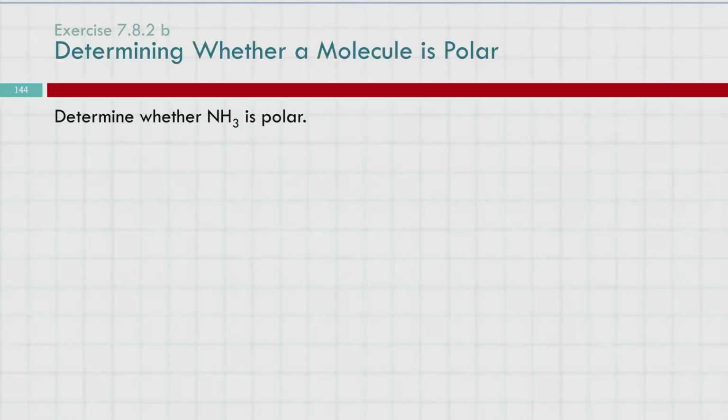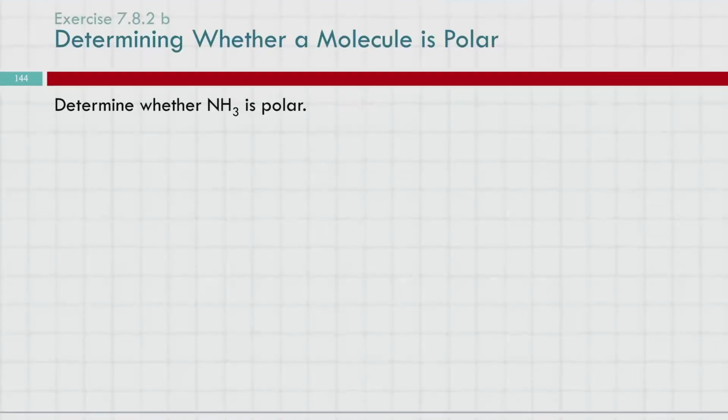All right, bringing it back in. We want to determine whether NH3 is polar. So we first would have to come up with the Lewis structure. If you do the Lewis structure for ammonia, you will get this. In order to determine whether it's polar, we have to see if it has a polar bond.